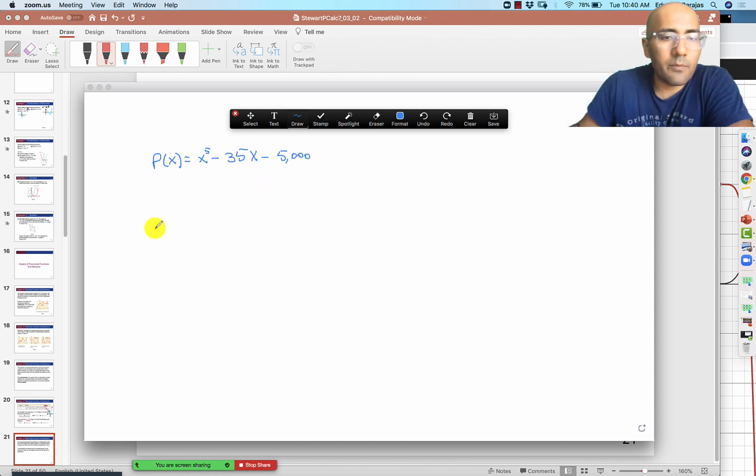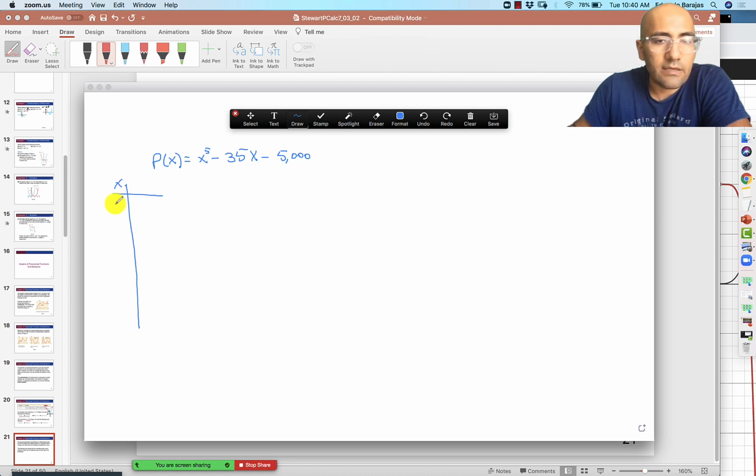Okay, as I come up with a table to try and describe what these things are, x, let's see, if I plug in 0, then that's just going to be negative 5,000. That one was easy. As I plug in a 1, I get 1 to the 5th power minus 35 times 1 minus 5,000.